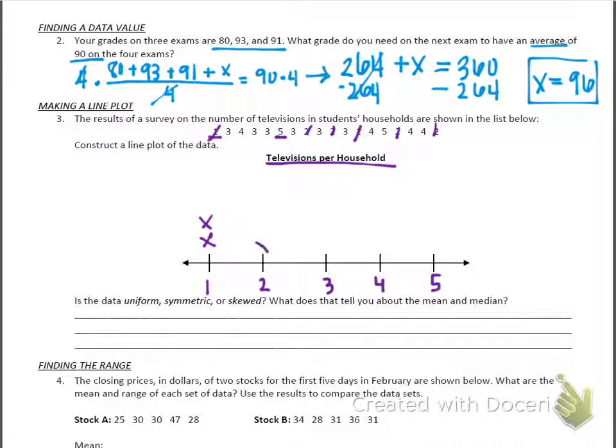So we're going to do 4 X's. You want to make sure that you space them all out pretty evenly. If you squish them all together, it's going to be hard for you to see what the data looks like. How about 3? How many have 3? 6? 1, 2, 3, 4, 5, 6.